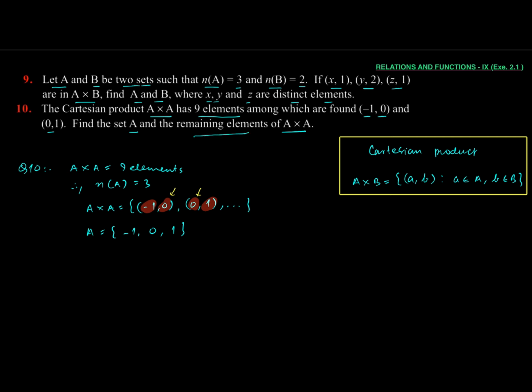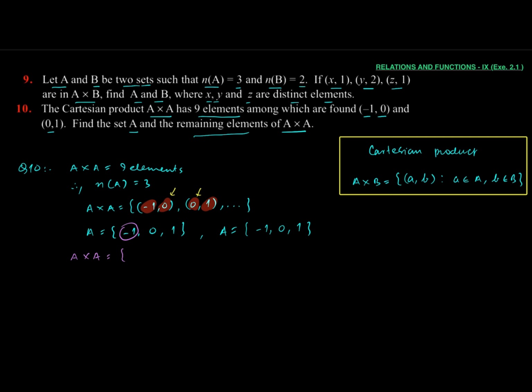Now in order to find the remaining elements of A cross A, we will first determine all the elements of set A cross A. For that purpose, we'll have to write the set A again, which has elements -1, 0 and 1. Here we will form ordered pairs of the first element of this set with each element of this set.